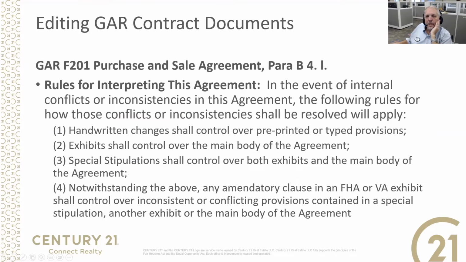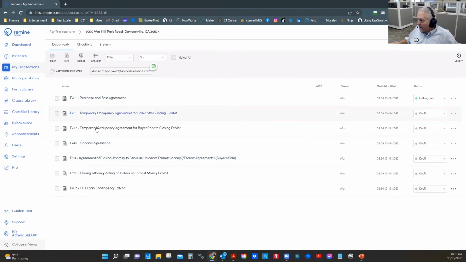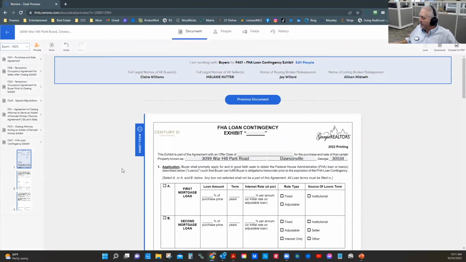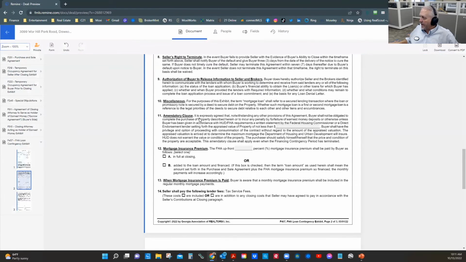I don't put one in here, but we can look at one if anybody's interested. In fact, let's do that. Here we go. Claire and I just talked about this earlier this morning. The amendatory clause right here.